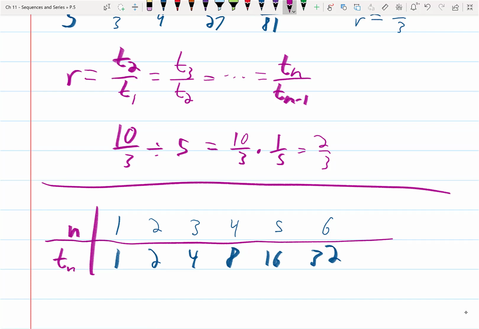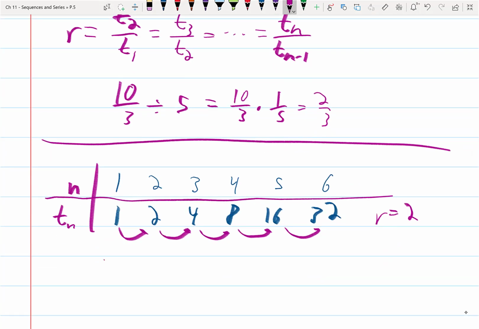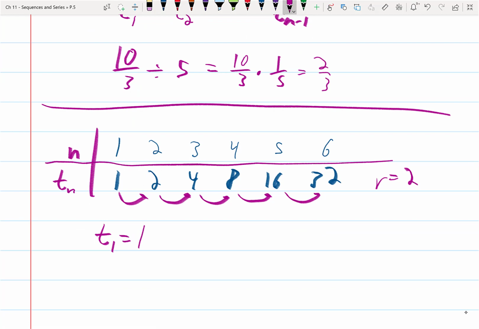This is a geometric sequence defined by what r value? You have to train your brain now to think in terms of multiplying instead of adding. So t of 1 is 1. We're going to do the same thing we did before. T of 2 is equal to 1 times what? 2.